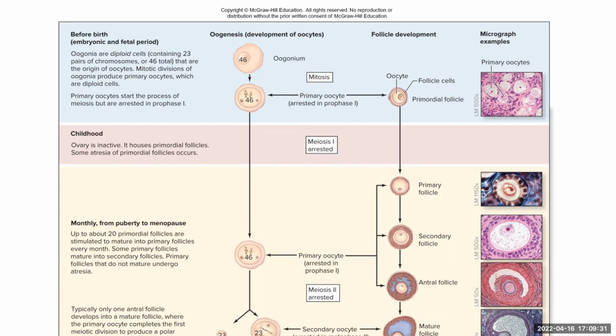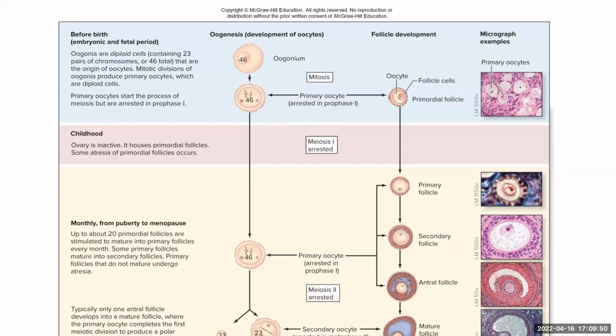So these oogonia is where we are going to see our oocytes come from. The oogonia will mitotically divide, and then they will transition here. Once those oogonia mitotically divide, they will yield us these primary oocytes.